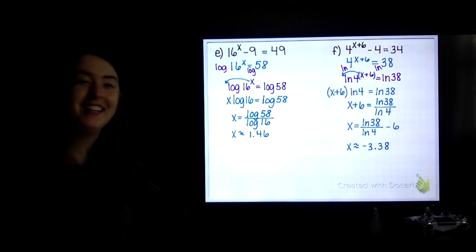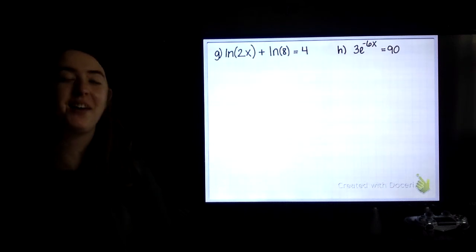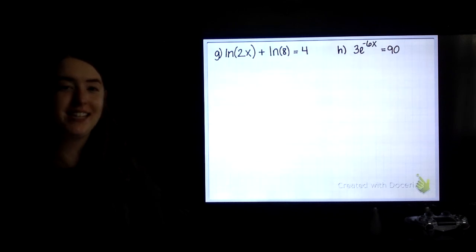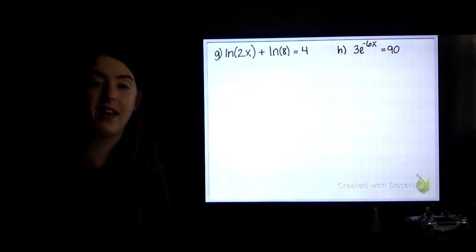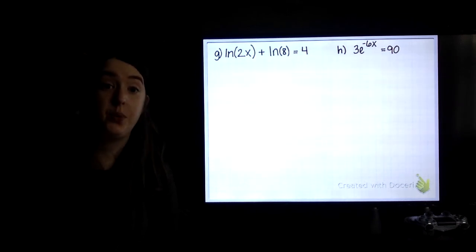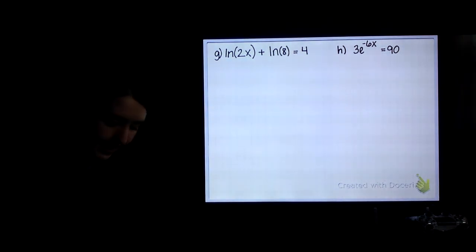Okay, 2 more and we are out of here. So now we have the natural log of 2x plus the natural log of 8 equals 4. So what we want to do, since we have those 2 natural logs, is condense them into 1 natural log. So since those natural logs are being added, that means I'm going to have to multiply what's on the inside.